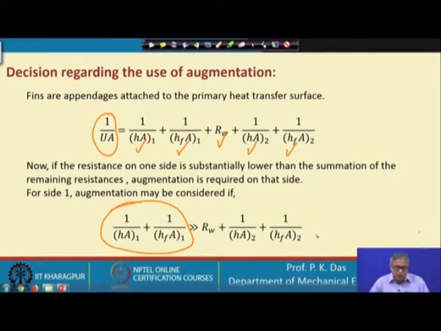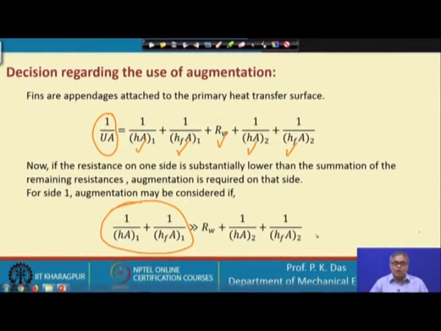As we have discussed, fin is one kind of technique which we can adopt. If we are going to provide fins, we have to provide them first on the gas side. In many cases, on the liquid side we need not provide fins.